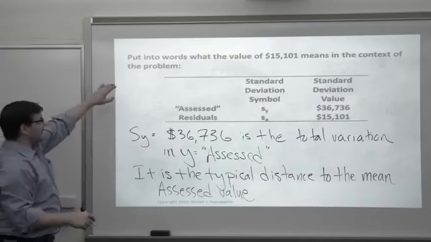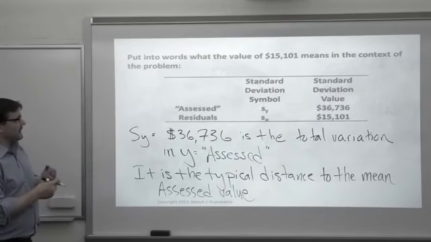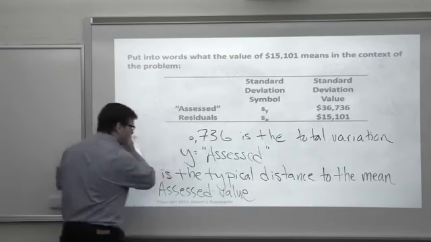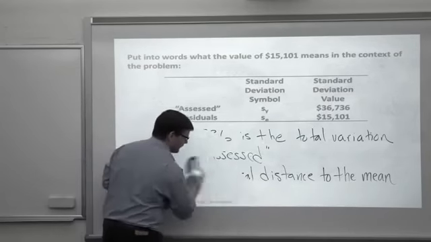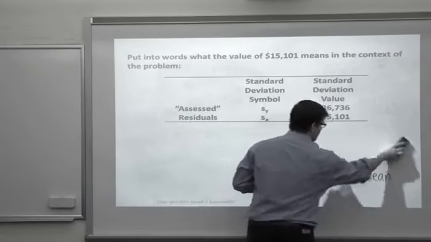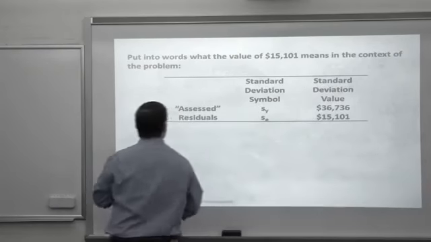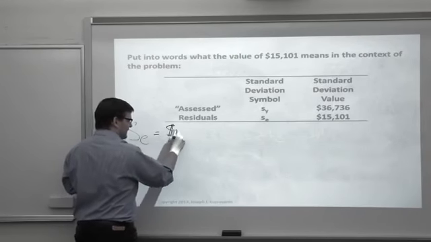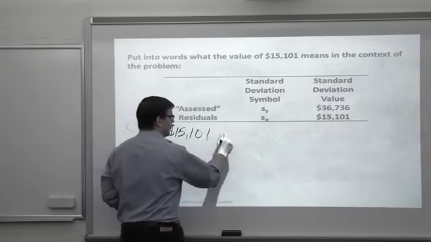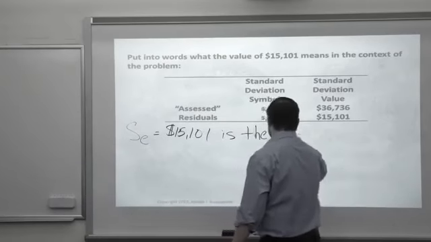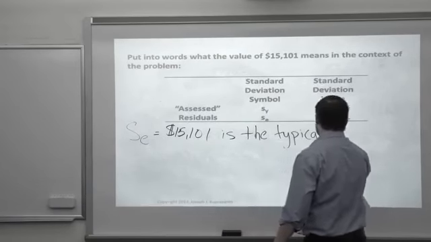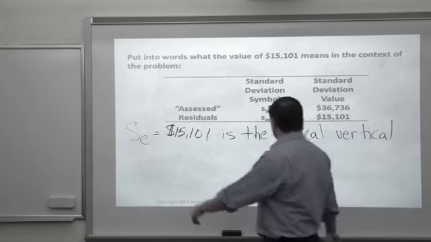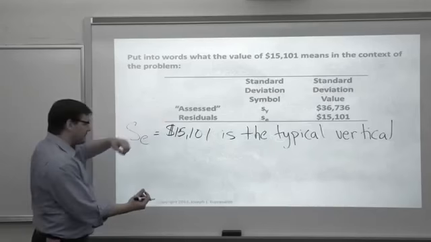All right, next part. It did change. It's the one at the bottom. Put into words what that value 15,101 means. S sub E equals the 15,101 is the typical vertical distance from each data point up or down to the line.